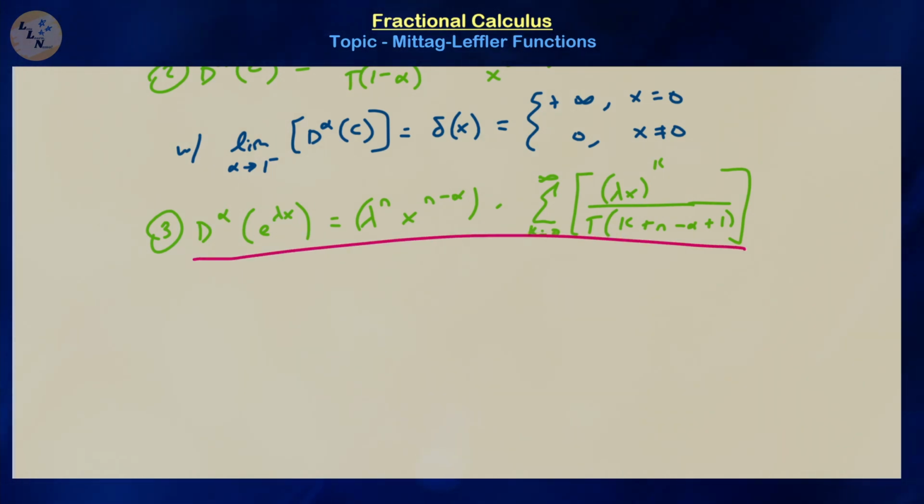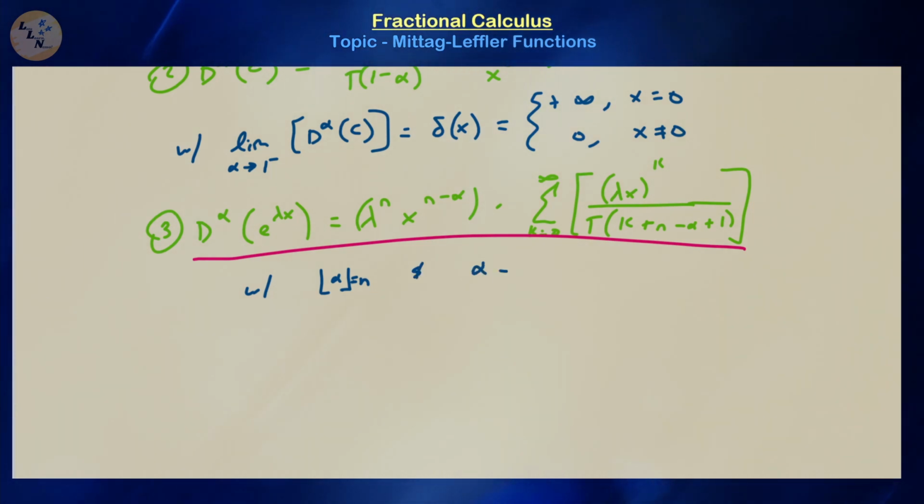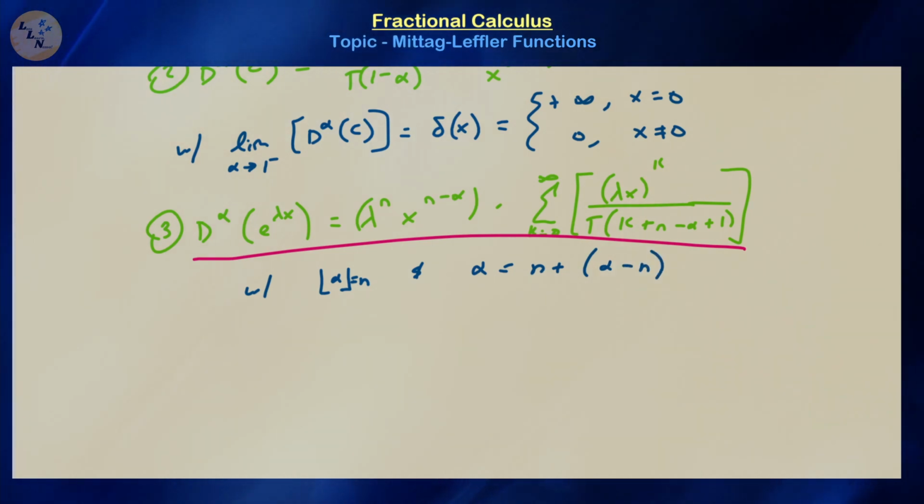Now, what is this n and what's its relationship to alpha? This n is the integer part of alpha. So the floor of alpha is equal to n, and it satisfies the equation alpha is equal to n plus alpha minus n, obviously, but writing this gives it a little new meaning.